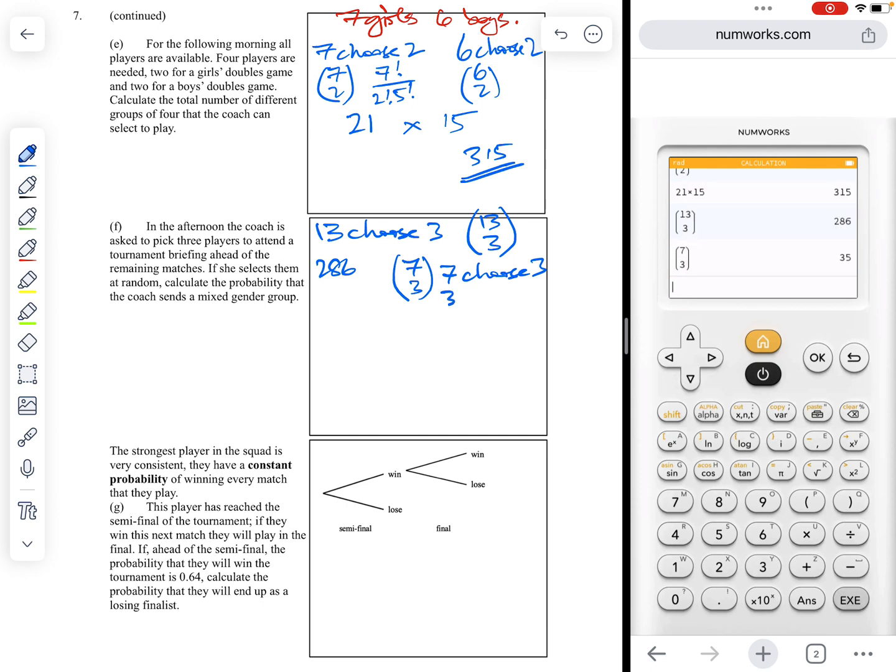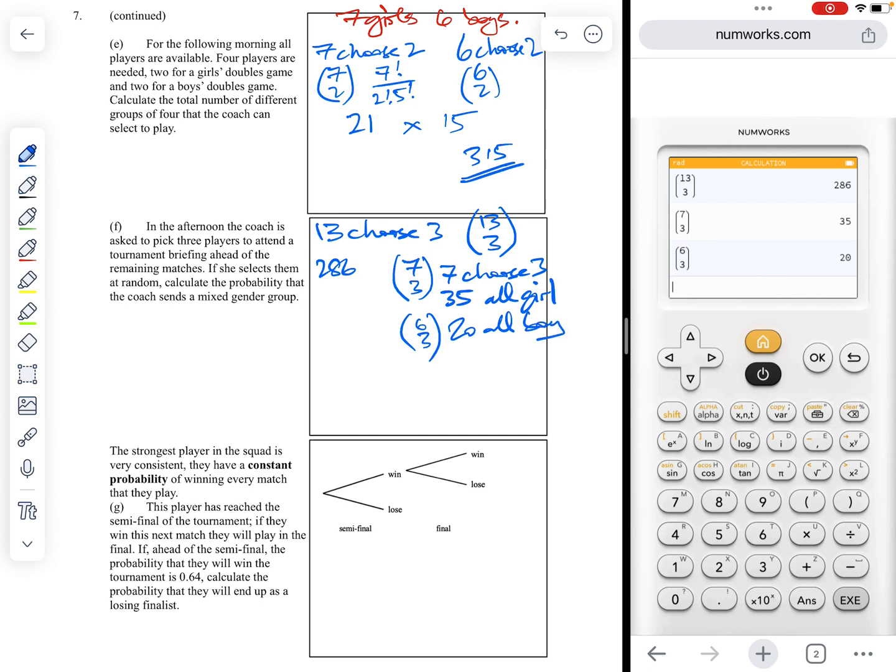So there are 35 ways for all girl groups of 3 from 7. Let's do the boys. Toolbox, select this. The boys is going to be 6, choose 3. How many groups of 3 can you pick from a group of 6 boys? So 6, come down 1, 3, and we get 20 all boy groups.